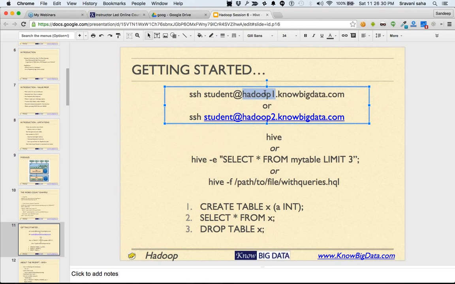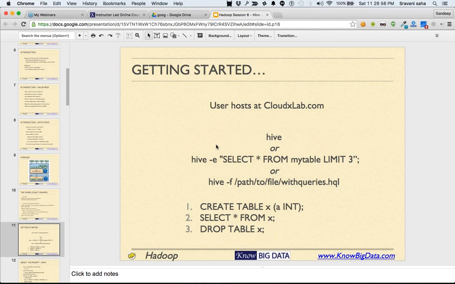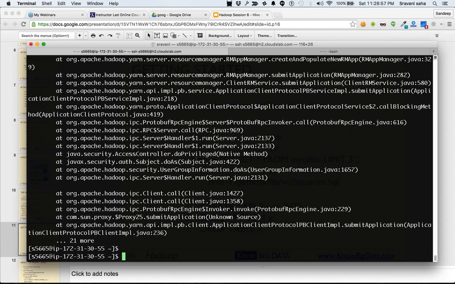I think we should just say, use CloudX Lab. So right now it doesn't seem to work.